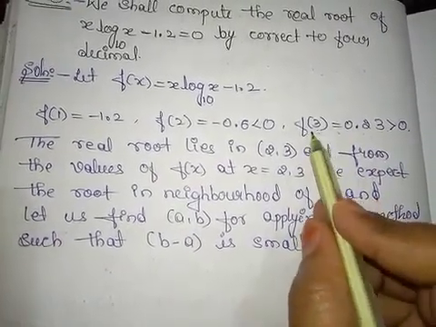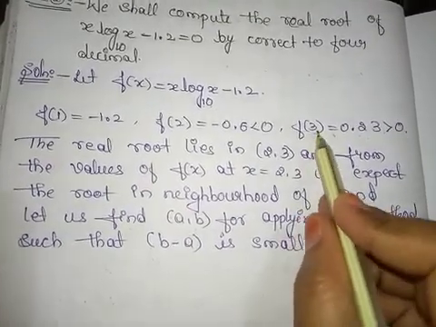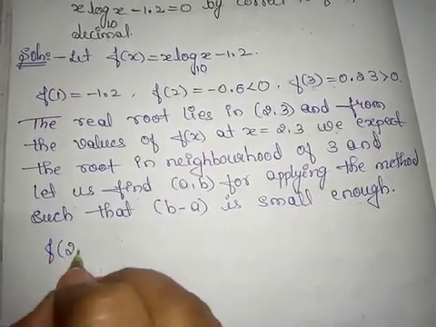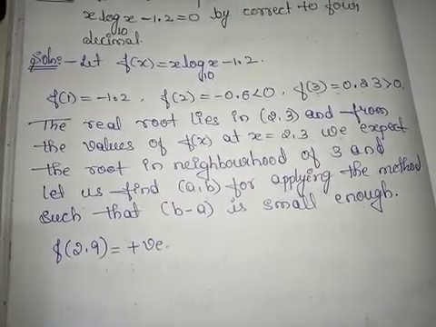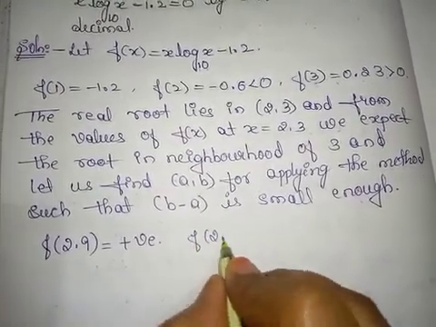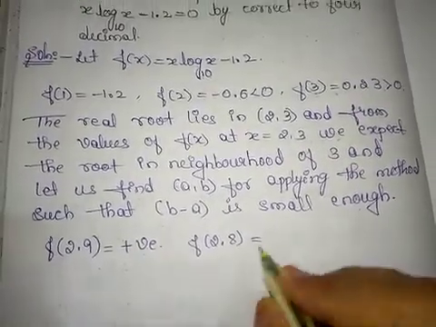So to get a negative value, we go for an x value which is less than 3. So find f of 2.9. You will get what? Positive value. Okay, and go for 2.8. Calculate this one yourself.